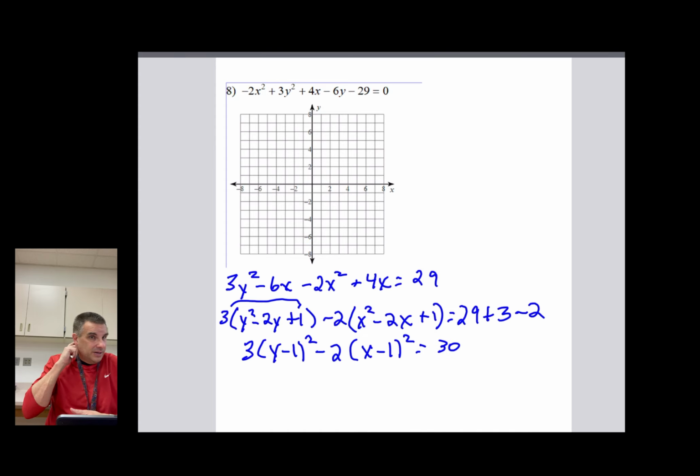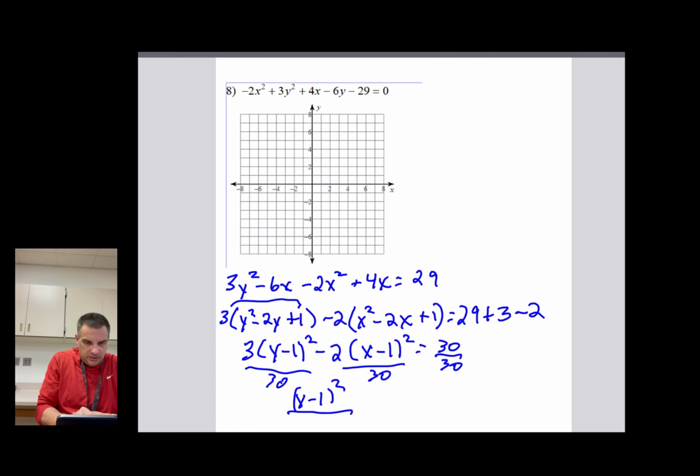So you're going to divide by 30. So we get y minus 1 squared over 10 plus x minus 1 squared over 15 is equal to 1.